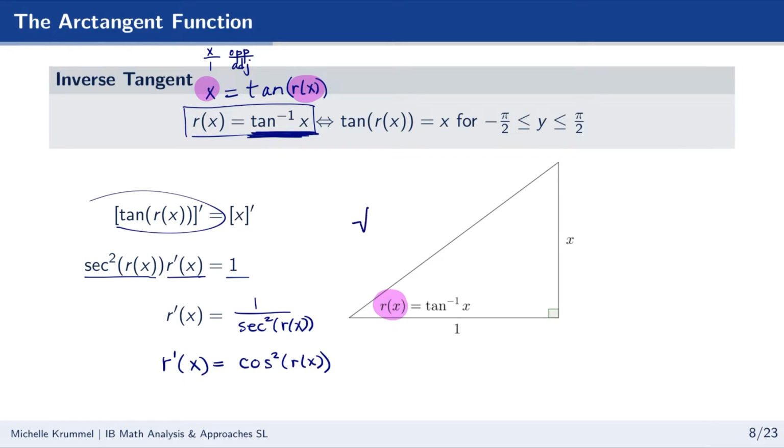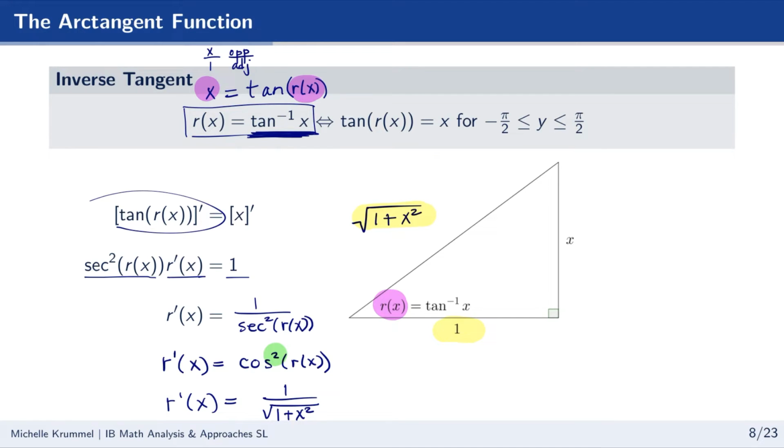The hypotenuse is the square root of leg squared plus leg squared. Now I can read the cosine of r of x, because the cosine of r of x is the adjacent side length over the hypotenuse. So r prime of x equals 1 over the square root of 1 plus x squared, but don't forget we have to square that.